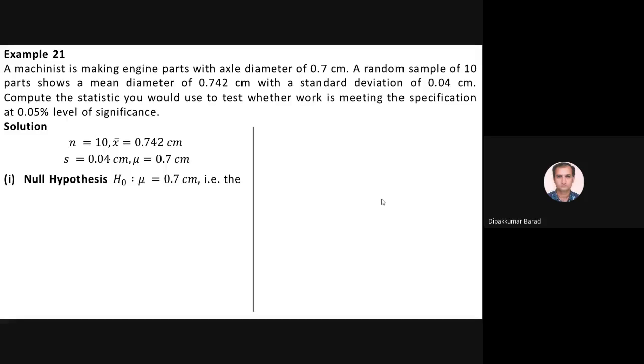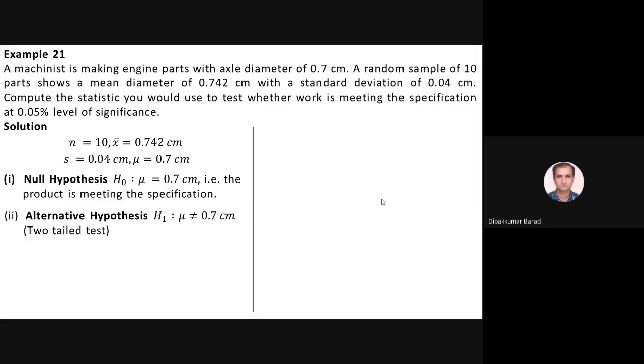The null hypothesis is mu equal to 0.7, the product is meeting the specification. The alternative is mu not equal to 0.7. The level of significance alpha is 0.05.